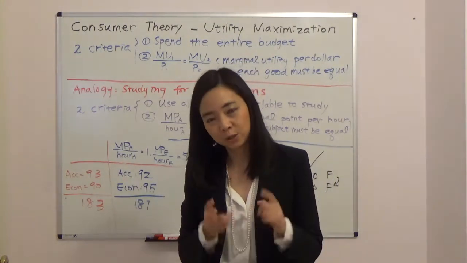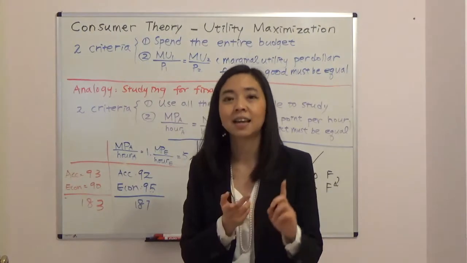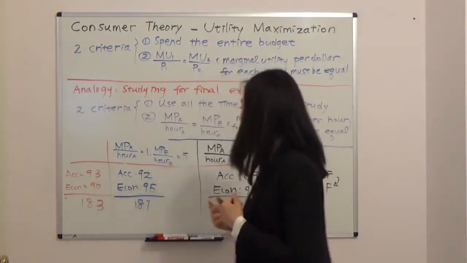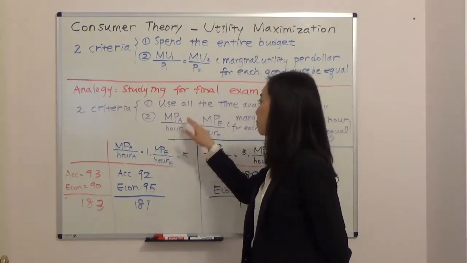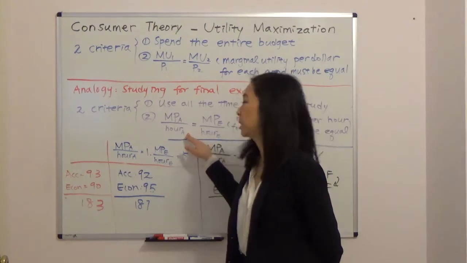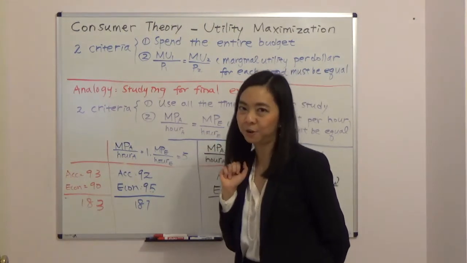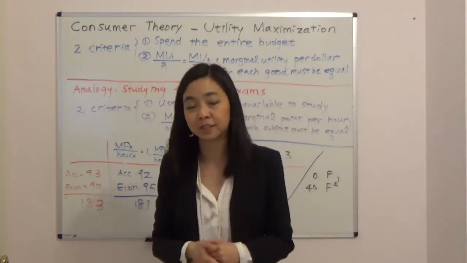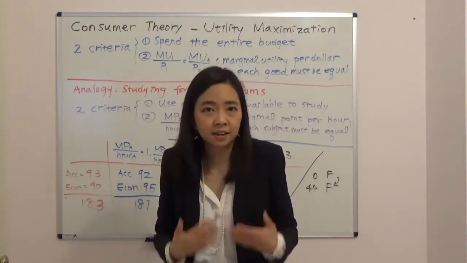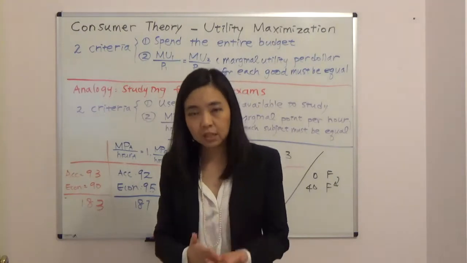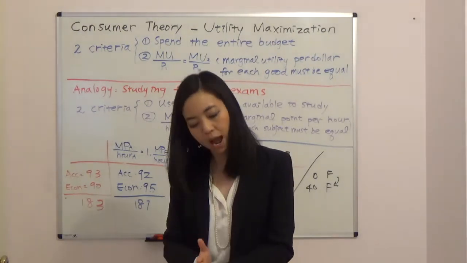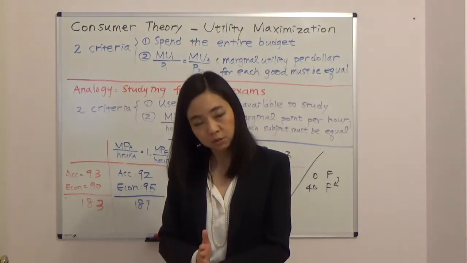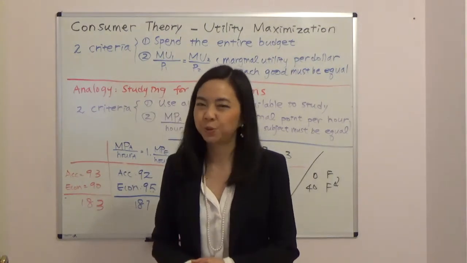So suppose you're studying two subjects, economics and accounting. Then you need to make sure that marginal point per hour for accounting must be equal to marginal point per hour for economics. So now suppose you're very familiar with accounting, you know that inside and out. So at this point, if you spend 1 extra hour on studying accounting, that's not going to raise your points a lot, right?